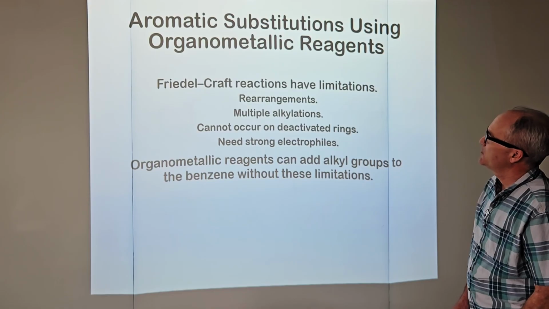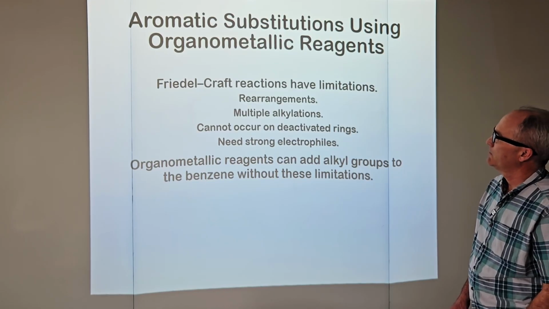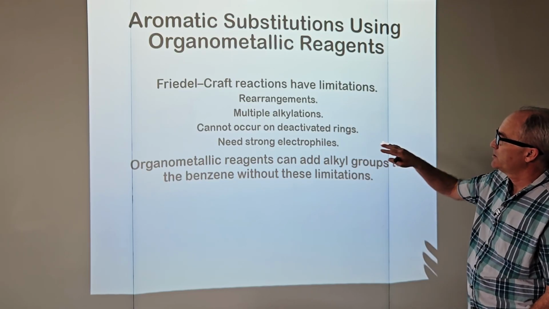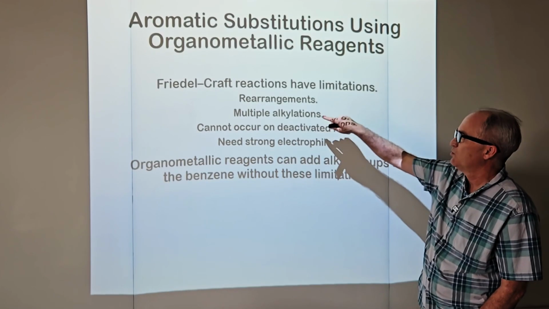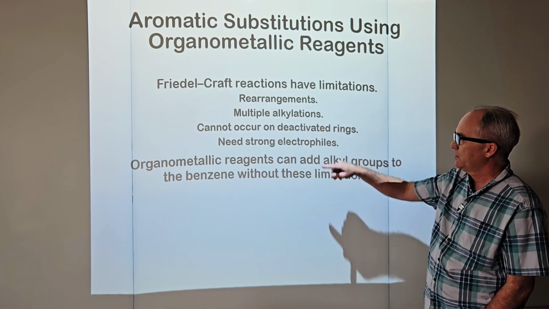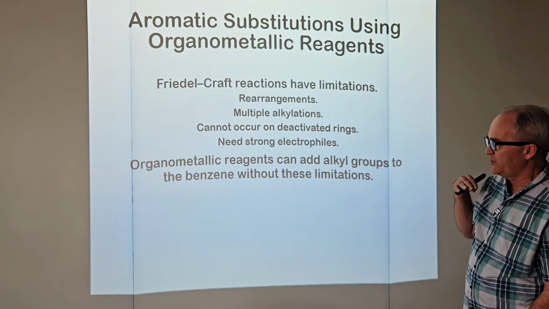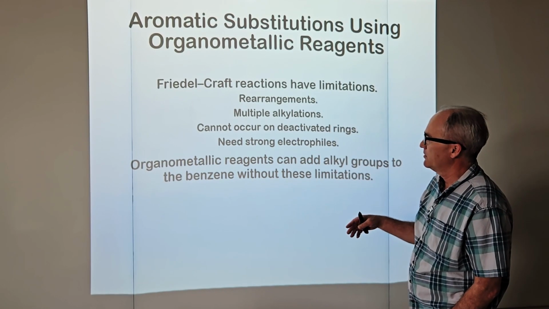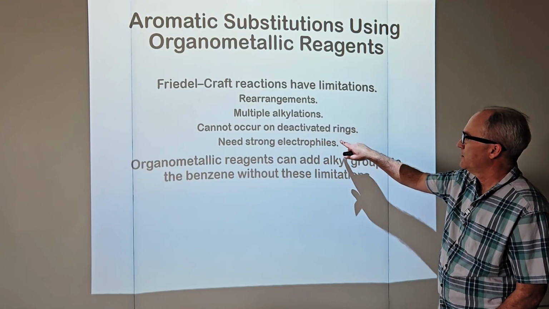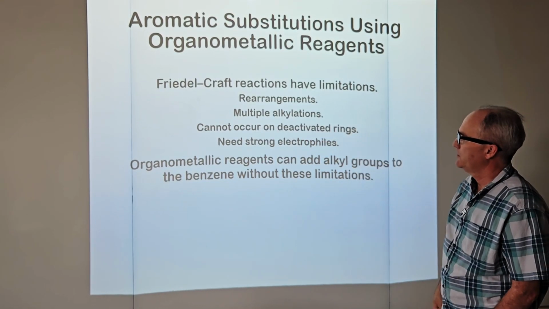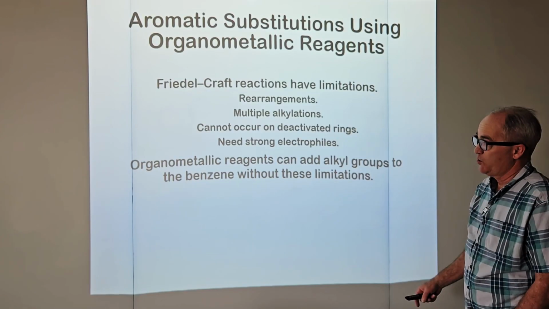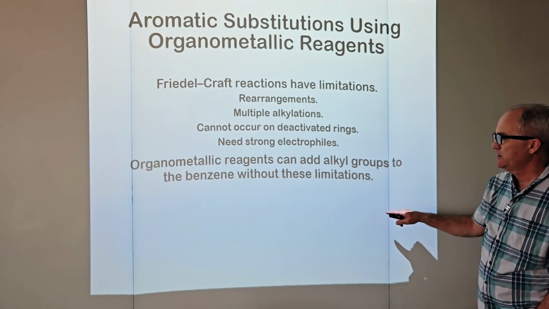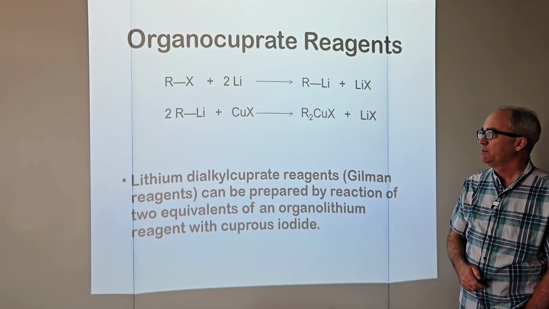So aromatic substitution using these organometallic reagents, not so much the Grignard in here, but the Friedel-Crafts reactions have limitations: rearrangements, multiple acylations, and then if you just want a straight chain on a ring, you can do the Clemmensen reduction, but it cannot occur on deactivated rings. We need strong electrophiles. So organometallic reagents can add alkyl groups to the benzene without these limitations.